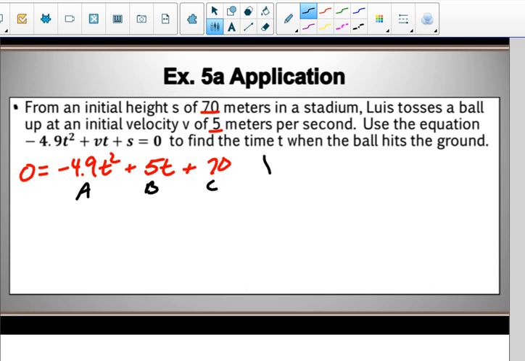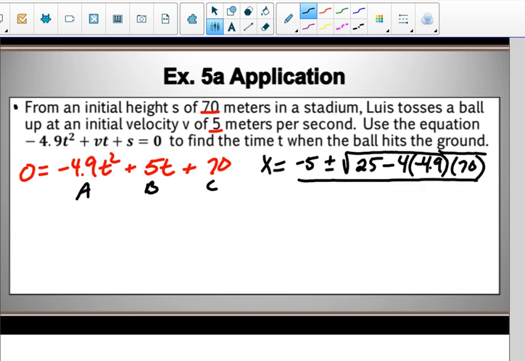So if I plug this in, x equals the opposite of b, so a negative 5, plus or minus the square root of 5 squared is 25, minus 4 times a, which is a negative 4.9, times our c, which is 70. And this we're all dividing by 2 times a negative 4.9.